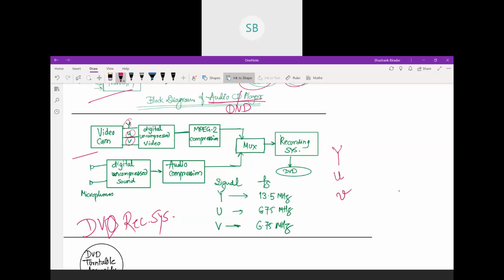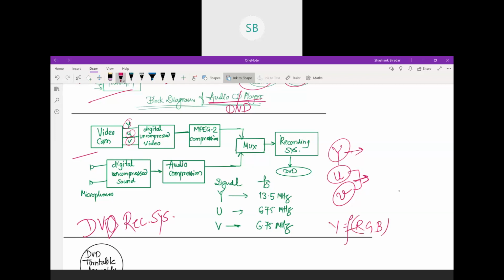What do you mean by Y, U and V? Y is the luminance and these two are the chrominance signals, color difference signals basically. As we know, which signal can't be transmitted, because Y is the combination of R, G and B?